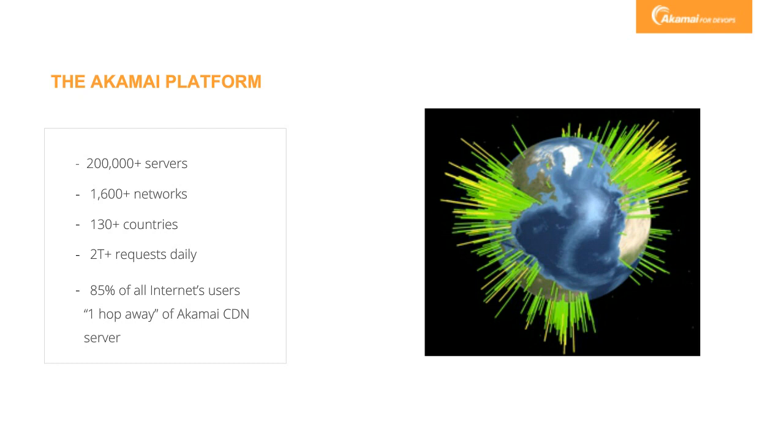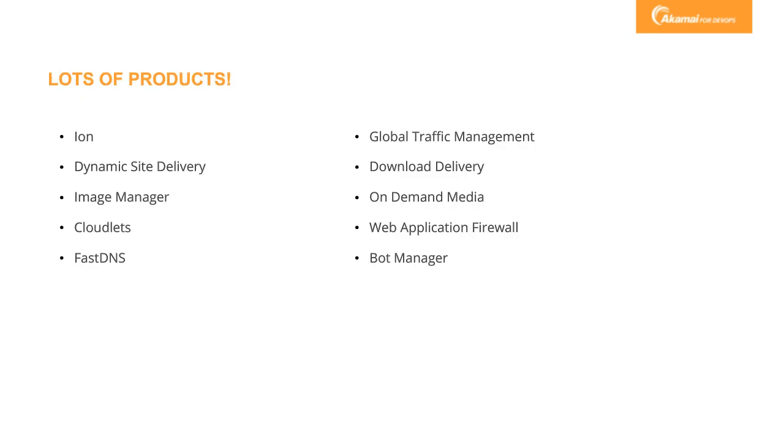On top of this platform, Akamai has a bunch of different products in various areas like web performance, security, and media delivery. And they all have different feature sets depending on what kind of use case you have. If you have a SaaS application or an e-commerce website or live or on-demand streaming or software downloads, you'll be using different products and different feature sets that all run on top of servers on the Akamai platform.